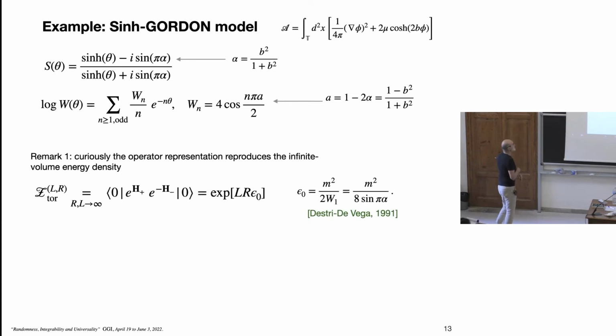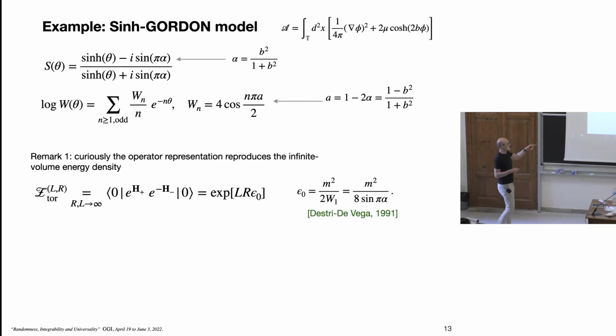First remark is when you write this partition function on the torus, I didn't normalize it. In general, you have to divide by this expression in order to have no dependence on the area of the torus.